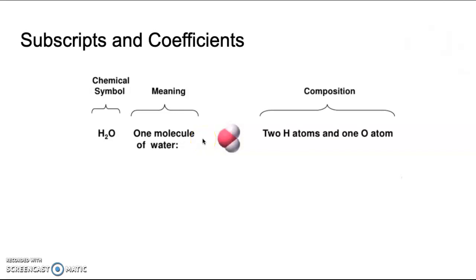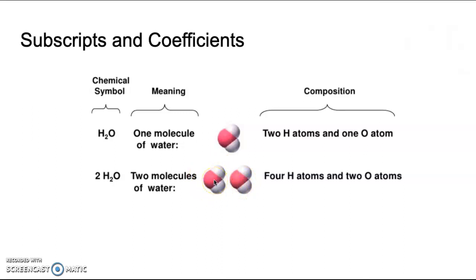So I've got 1 molecule of water, which is 2 hydrogen atoms and 1 oxygen atom. If I change that coefficient out in front to a 2, that means I have 2 molecules of water. So I have 2 separate molecules here. Each one is a water molecule with 2 hydrogens and 1 oxygen. And so total here I've got 4 hydrogens and 2 oxygens.